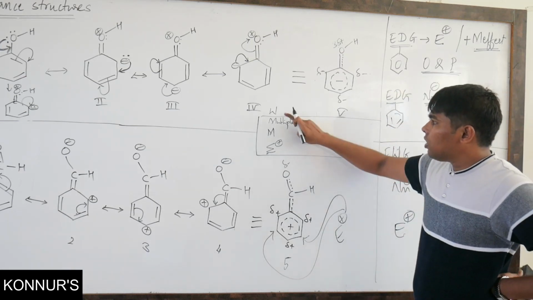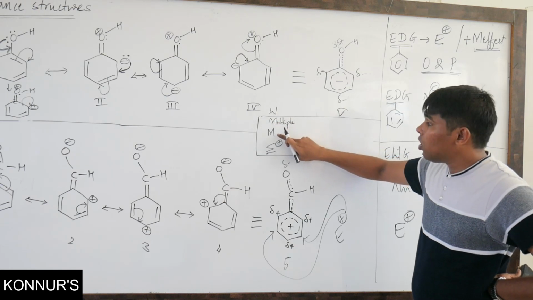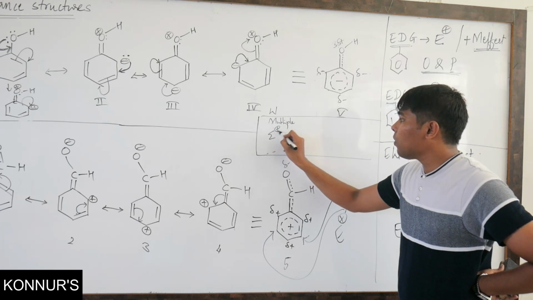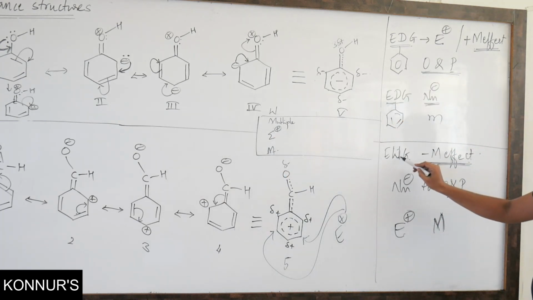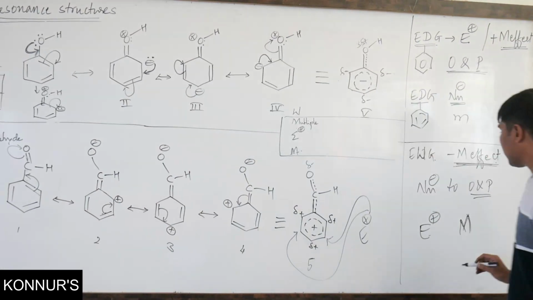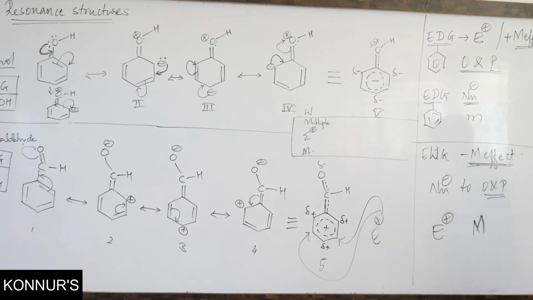So an electron withdrawing group which contains a multiple bond directs the electrophile to the meta position.